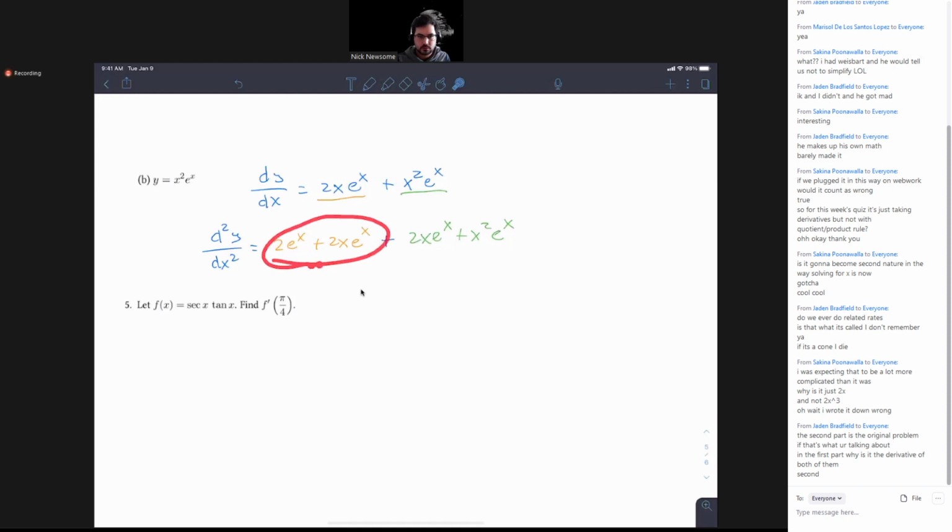This is the derivative of just this part right here. It's okay, never mind. Right, so we did another product rule here where we called 2x the first function and e to the x the second function. Okay. Other questions about this problem?